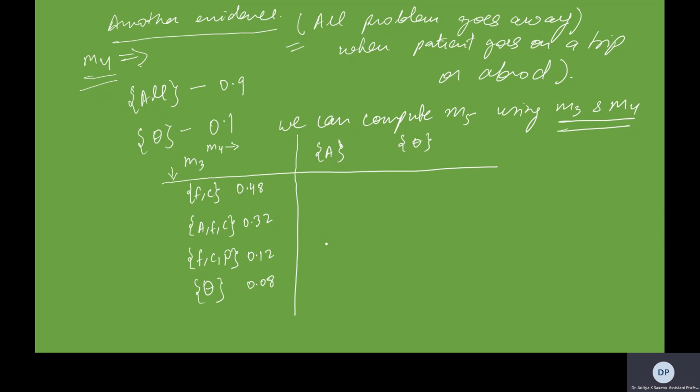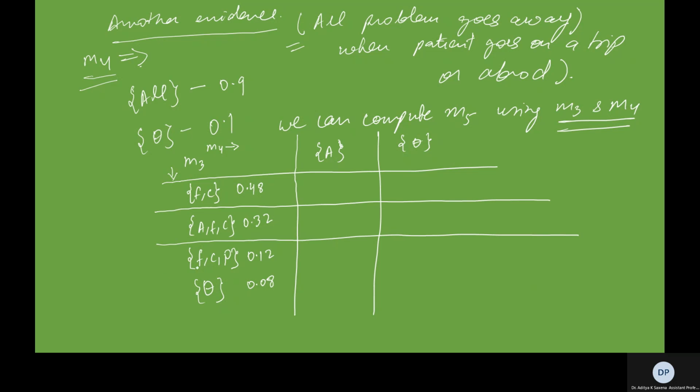This table making is very important. Now you see, A and FC combine M3 and M4. Is there anything common? No. So we are getting the empty set.